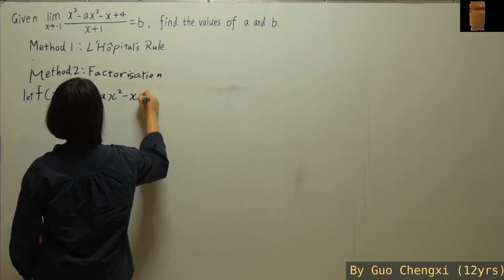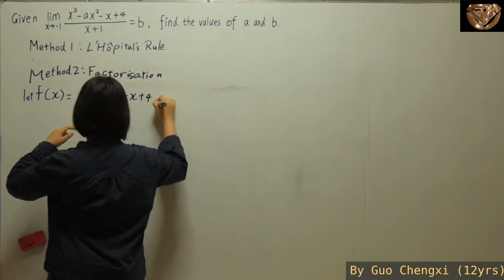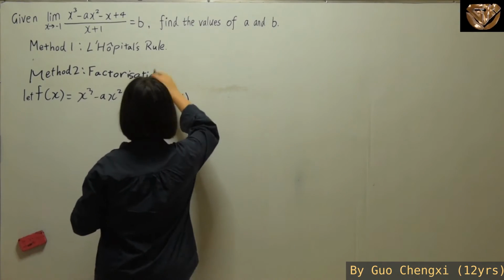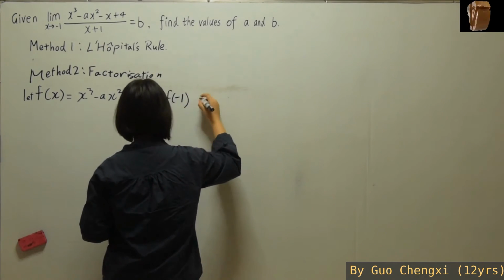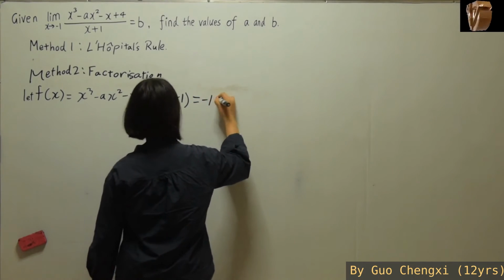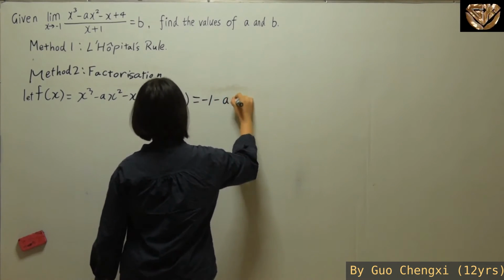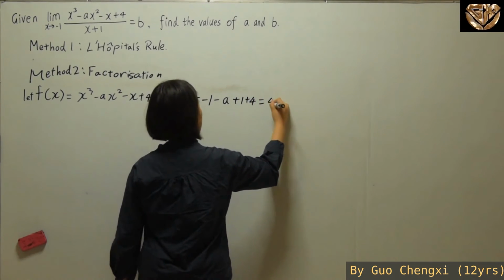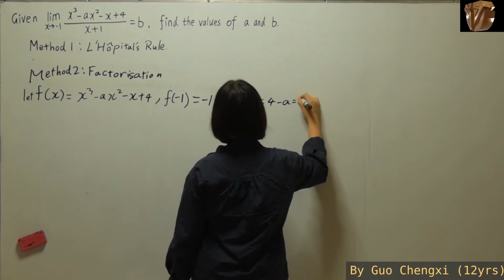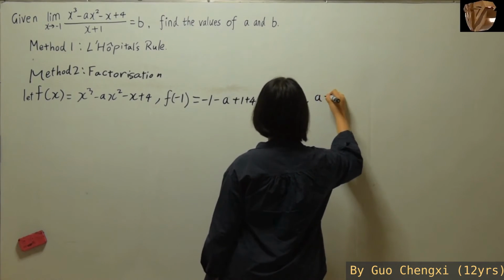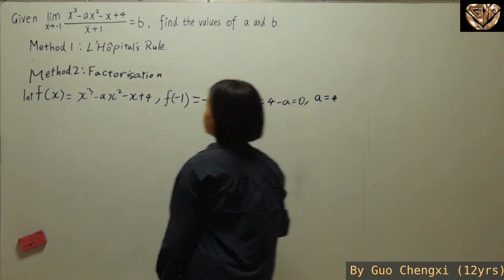Since this is 0 over 0 as shown above, if you substitute negative 1, as we have already said during L'Hopital's rule, you're going to get negative 1 minus a plus 1 plus 4, where you end up with 4 minus a being equal to 0 because of the 0 over 0 form, and thus a will be equal to 4.